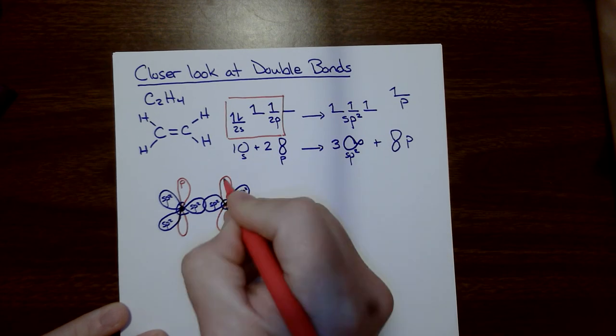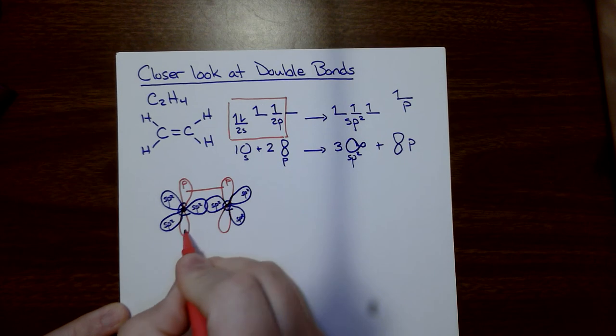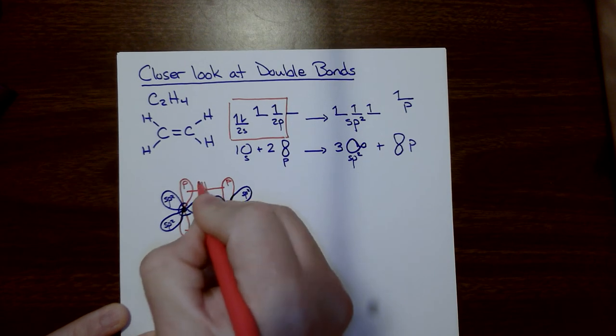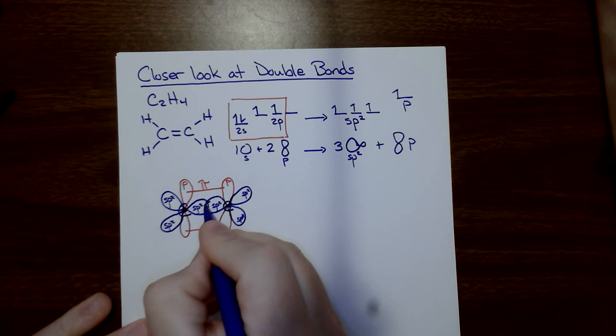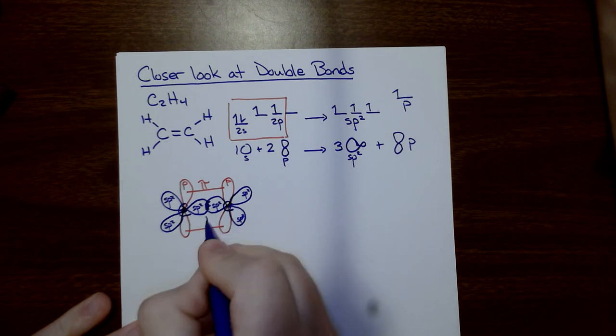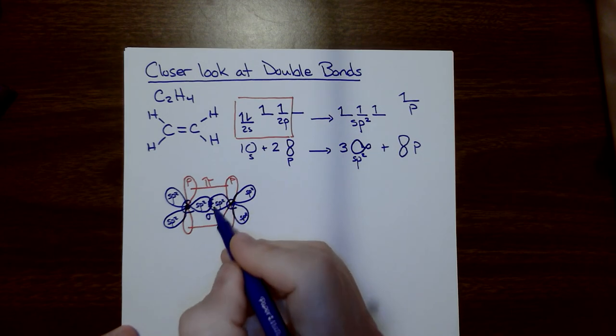Okay, so there's the p orbital, and in this case, this is overlapping to make a single pi bond. And then this overlap right here is a sigma bond. So my double bond includes a pi and a sigma bond.